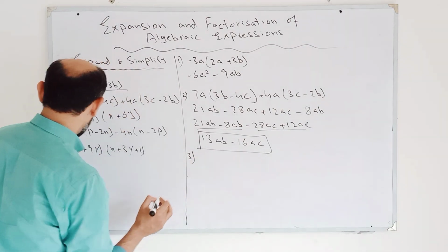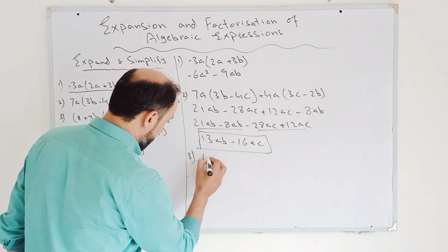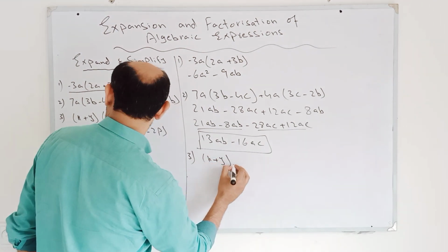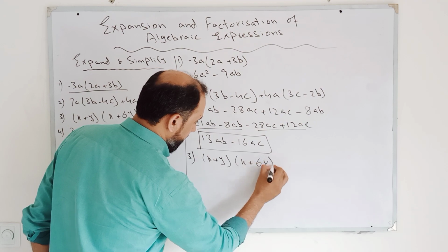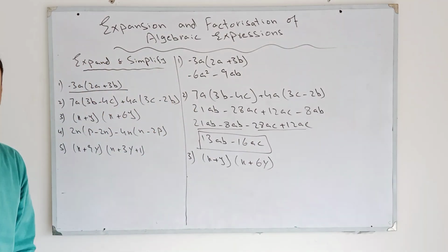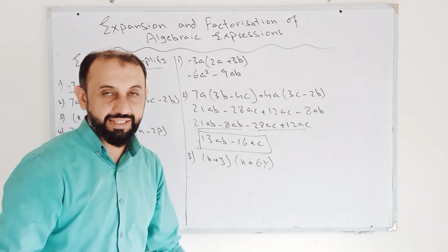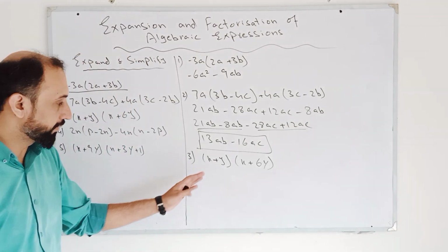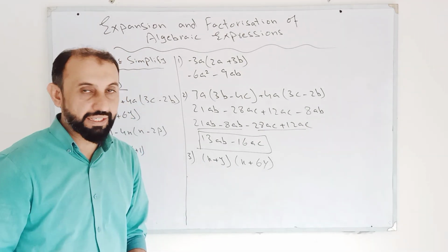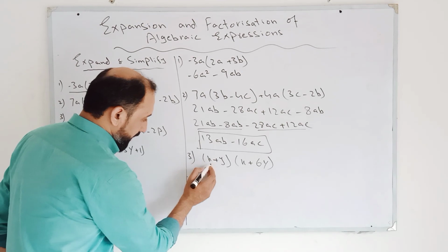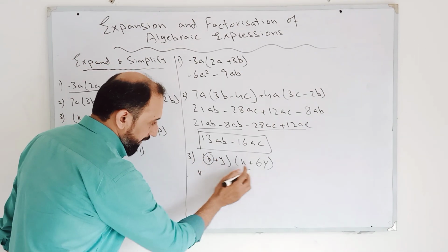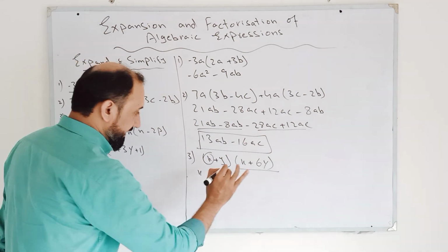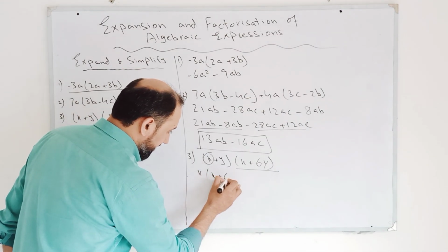Question 3 is (x plus y) and (x plus 6y). First of all we have two brackets, the first one and the second one. From the first bracket you take the first value, x, and multiply it with the whole second bracket, x plus 6y.